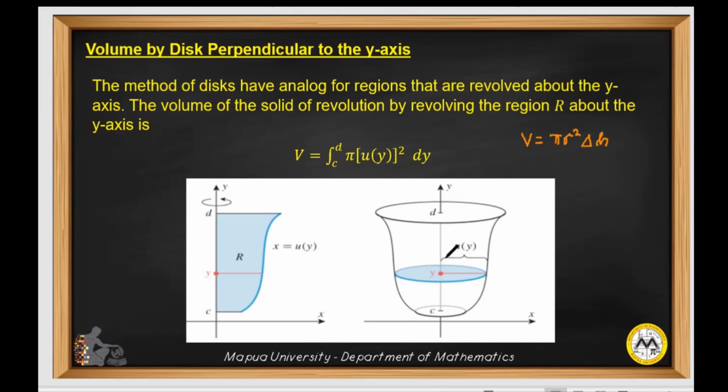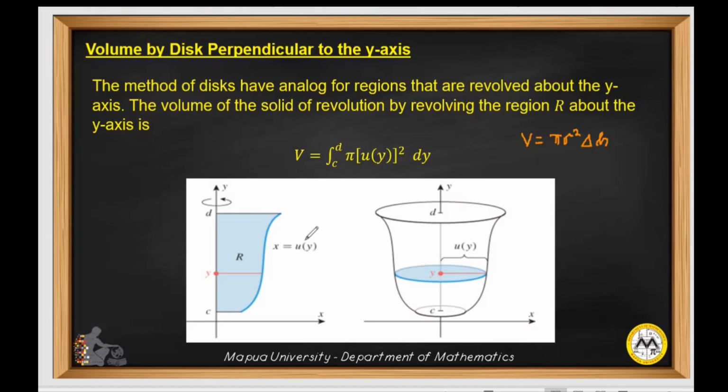This time r is equal to x, where x is a function of y, and the thickness is the differential of y. Hence, the volume is equal to the integral of pi times x, a function of y, raised to the second power, times the thickness dy. And we need to evaluate the integral from the lower limit c to the upper limit d.